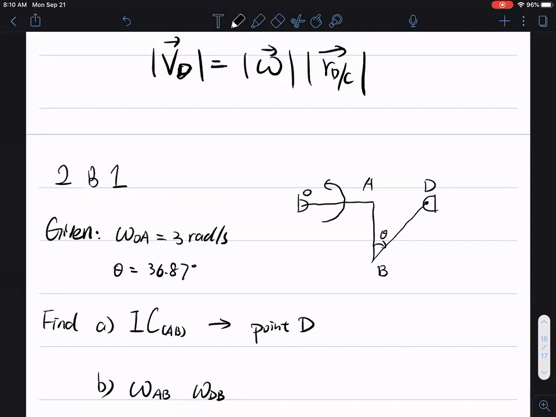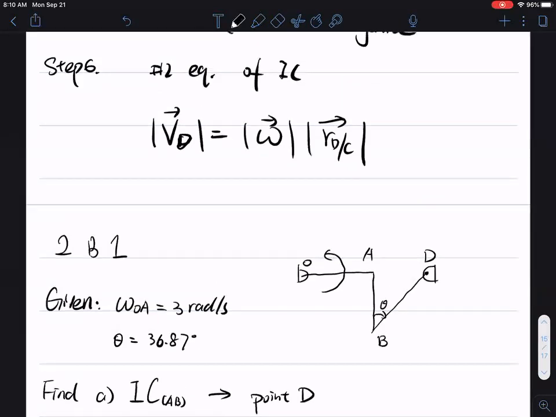That's a given. Can we use that to help us find the speed of any point? If you check step 6, what is that equation? That's speed equals omega times distance. So if you know omega and the distance from that point to the instant center, you should find out the speed of that point. So let's try it out.